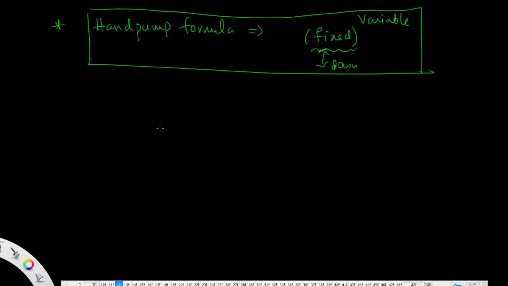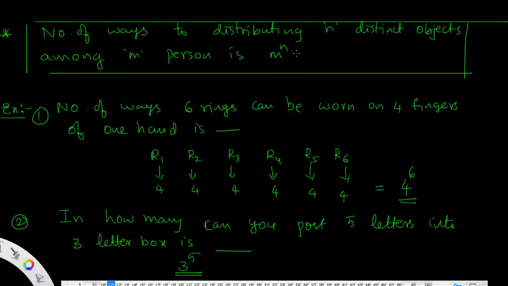Today we learned the Beggar's formula and hand pump formula. For our convenience, M is fixed, N is variable. Then the value goes to m to the power of n. Okay, thank you.